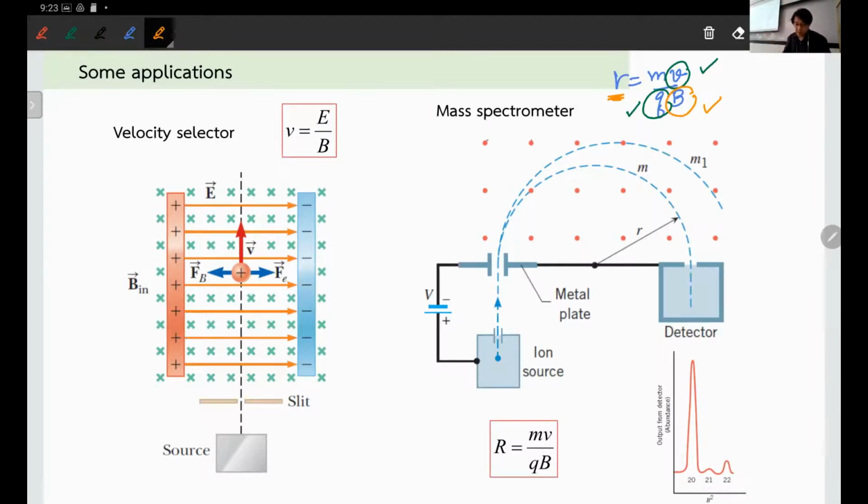The nice thing is, if you have a source with multiple masses inside, and you let them run through this magnetic field, they are all going to execute a circular path. But now R will be proportional to m because you keep your other variables fixed. So the radius of that circular path will eventually reveal the mass of that particle.